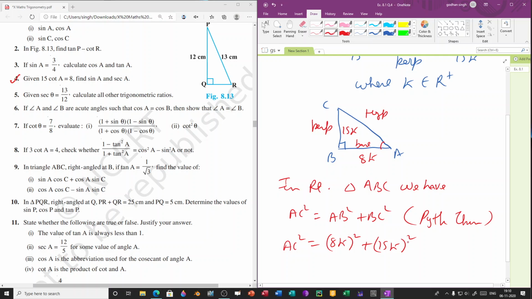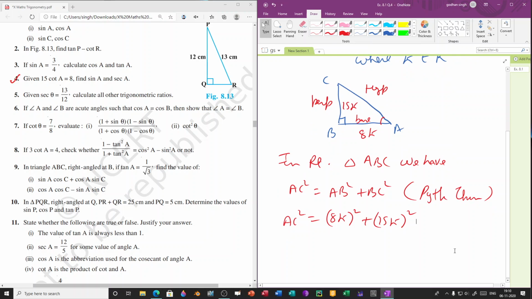And now we'll simplify this. So we'll be getting AC square equal to 64k square plus, square of 15 is 225, so 225k square, and on adding we'll be getting AC square equal to, 5 plus 4 is 9, and 6 plus 2 is 8, so we are getting 289k square.